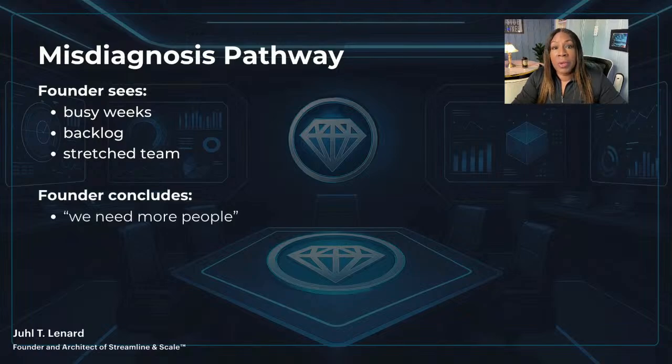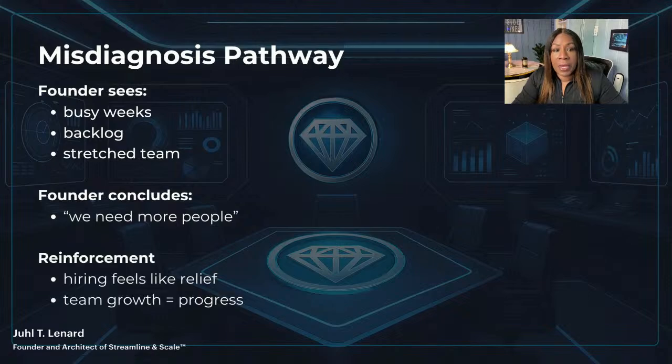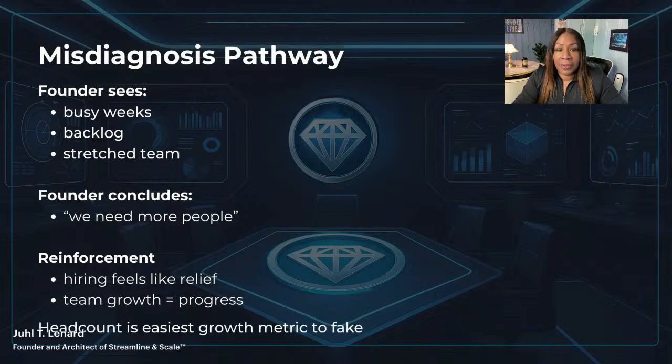And then concludes, well, we need more people to do the work. It is reinforced because it feels good to hire someone in the moment. It feels like relief, and team growth feels like progress, right? Headcount is the easiest growth metric to fake, because headcount doesn't always mean that the revenue is growing.